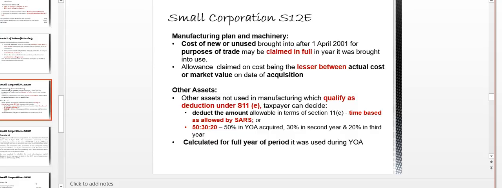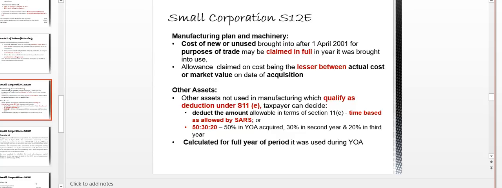So 50% in the first year of assessment, 30% in the second year, and 20% in the third year. So again, for any other asset, apart from manufacturing assets, the taxpayer may decide how they want to claim this capital allowance. It can either be in terms of section 11(e), a time base as allowed by SARS in Interpretation Note 47, or 50-30-20: 50% in the first year of assessment, 30% in the second, and 20% in the third.